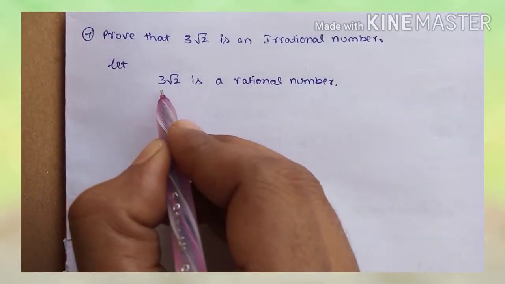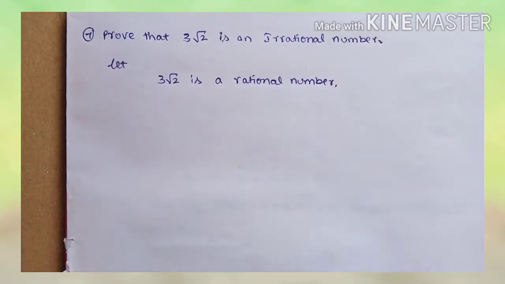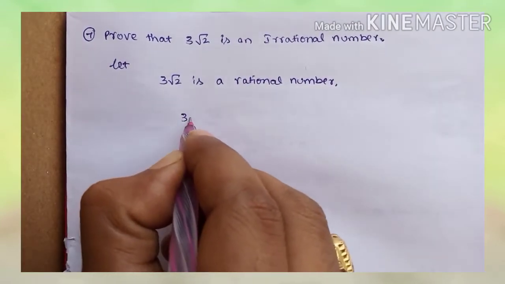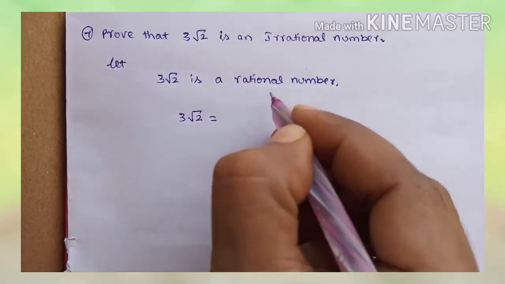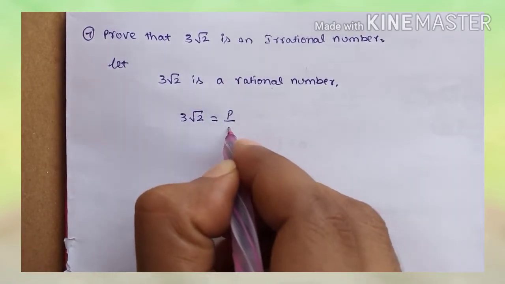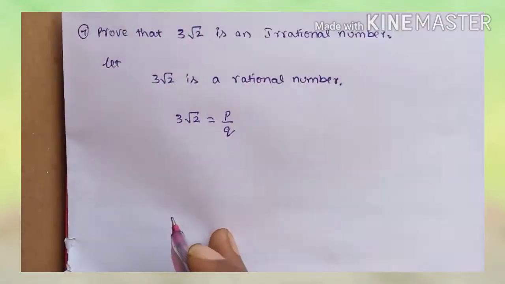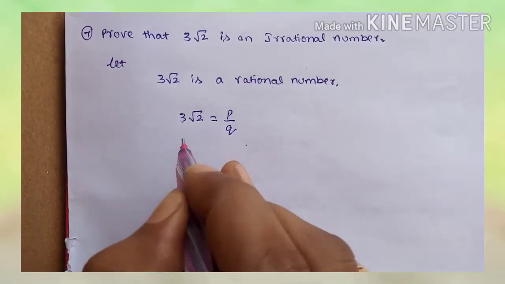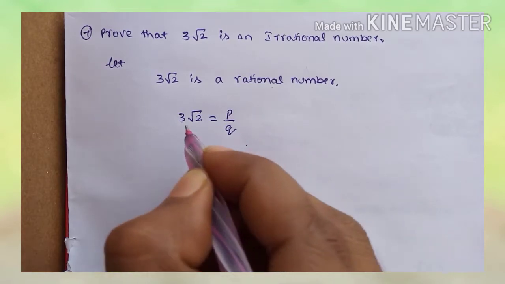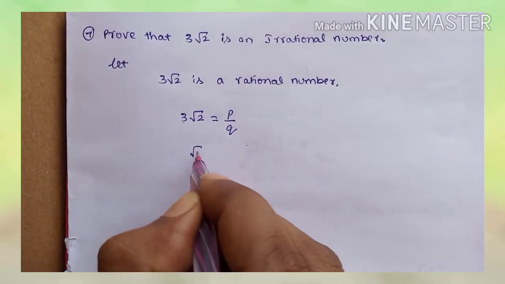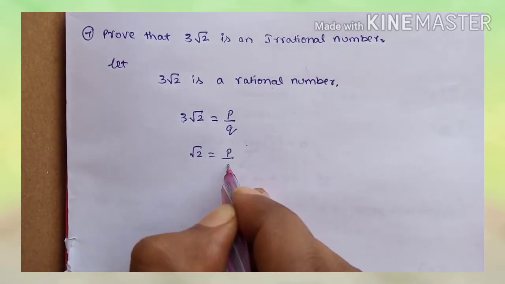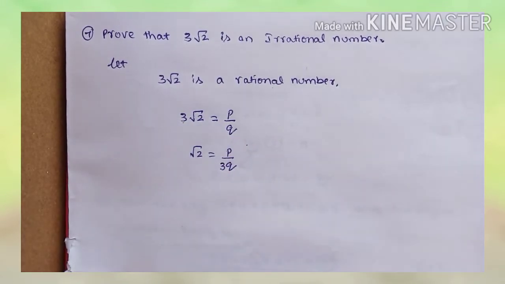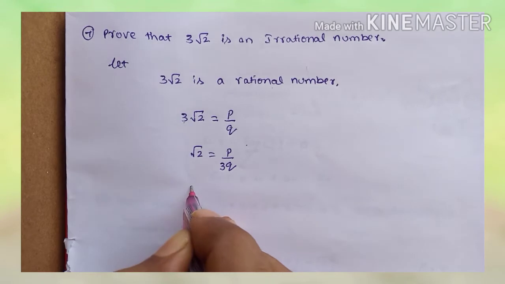Let us assume 3 root 2 is a rational number, right? Now we can say 3 root 2 is equal to a rational number, which must be in the form of p by q. Into 3 transpose by, as previously plus transposes to minus, here into 3 transposes to division. So root 2 is equal to p by q into 1 by 3, so we can place 3 here.